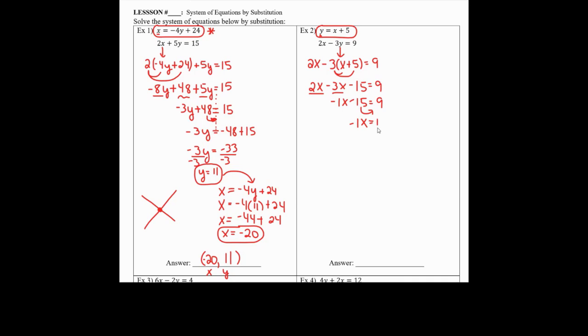Negative 15 becomes positive 15 plus 9. So we're going to combine. So negative 1x, 15 plus 9 is 24. And to get the x alone, we're going to divide by negative 1. So that means x equals negative 24.